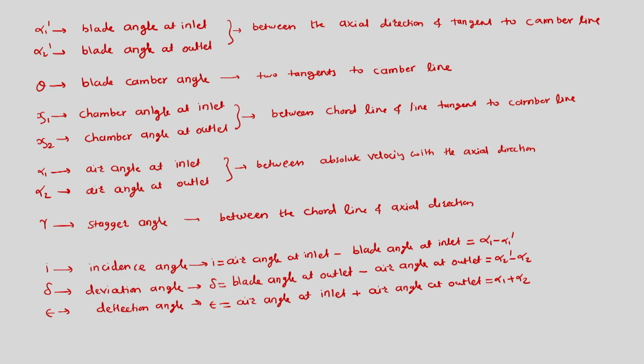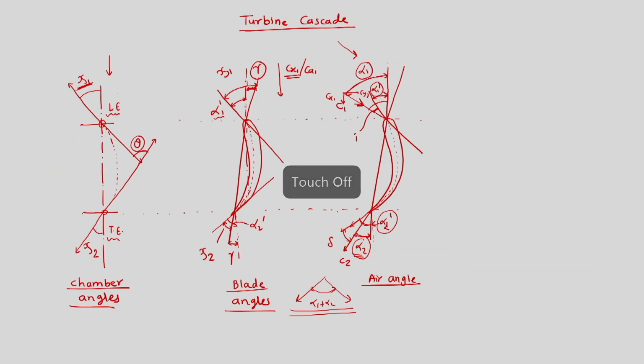Now, we have one more thing to remember: we define theta, which is the camber angle, and it is chi 1 plus chi 2. Similarly, alpha 1 dash is chi 1 minus gamma. We can see chi 1 is the angle which is here, and then this is gamma.